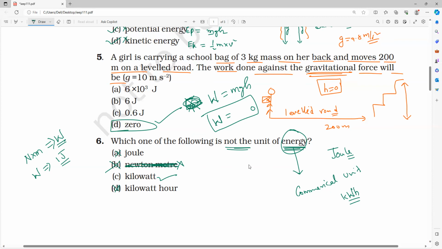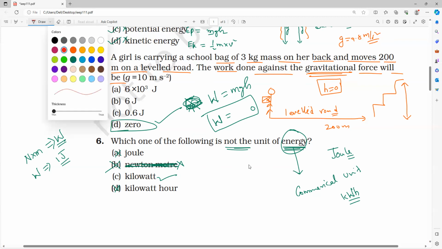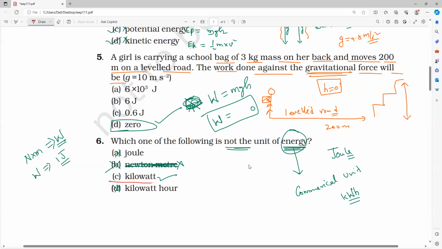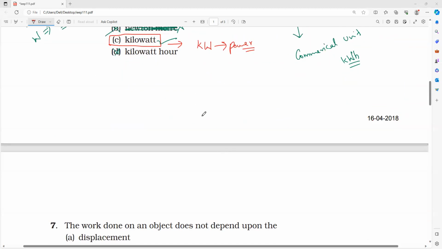Newton meter we are not supposed to write for energy, but still we are considering it. So what is the correct option? Which is not a unit of energy? Kilowatt. Kilowatt is the unit of power.